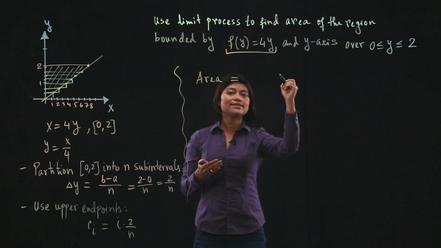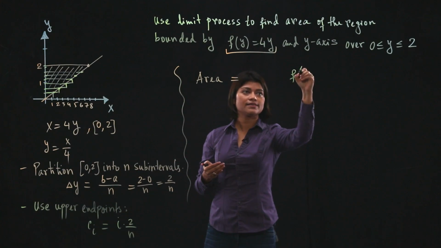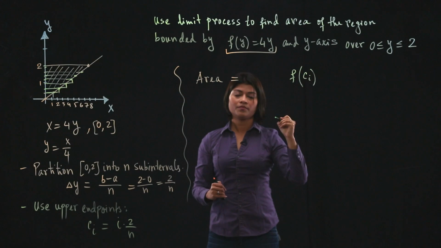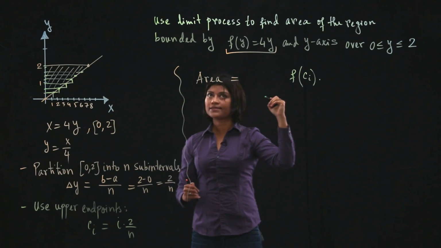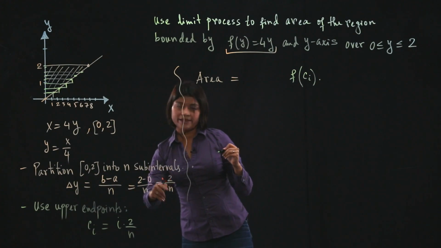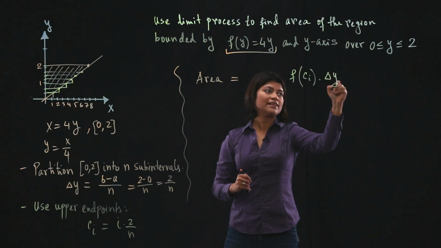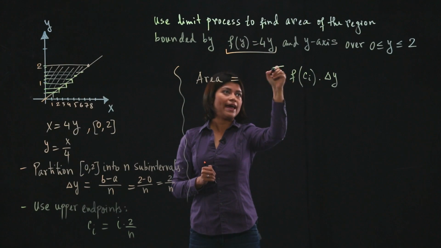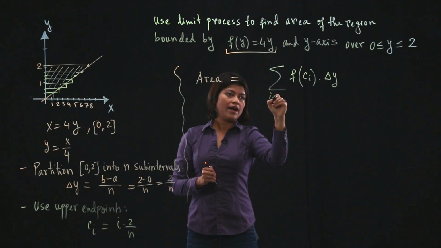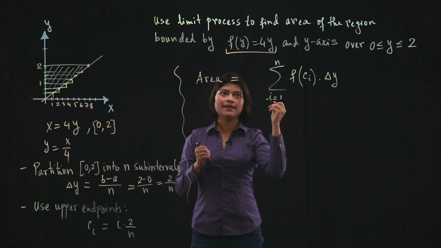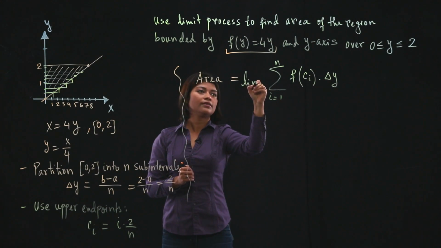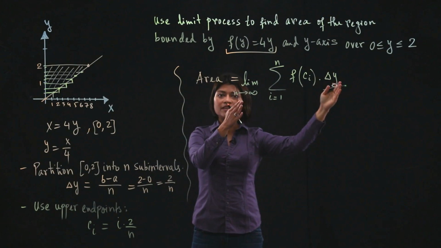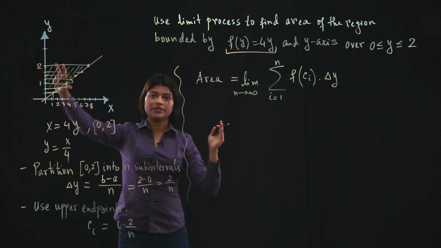The length is Ci plugged into the function, and the width is delta y. That's the area of one rectangle. So you add all of them, i from 1 to n, and then take the limit as n approaches infinity. That will give us the exact area of the region.